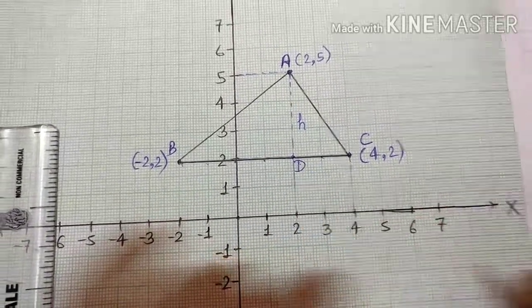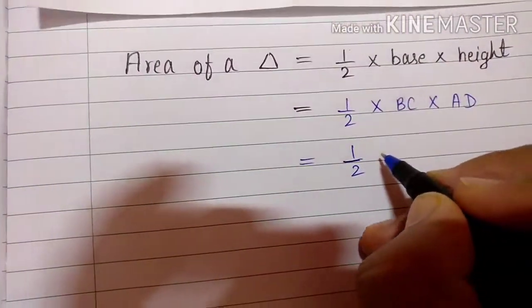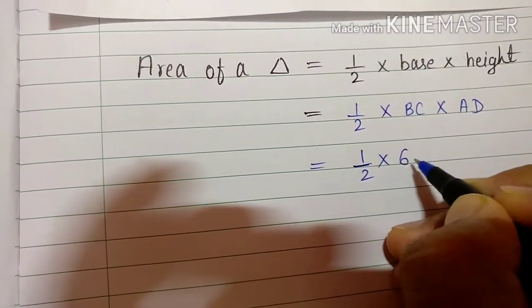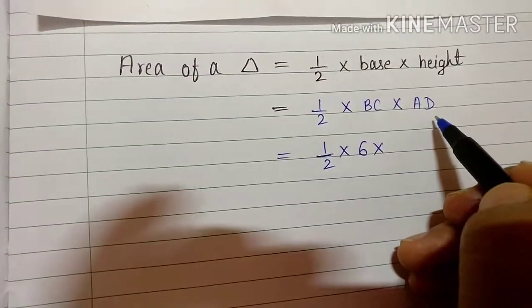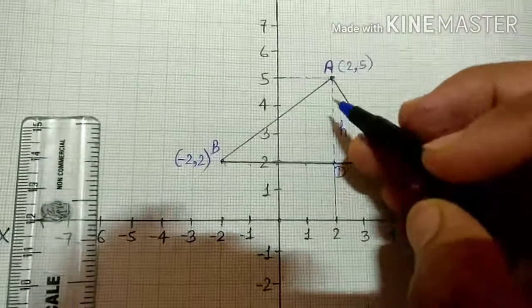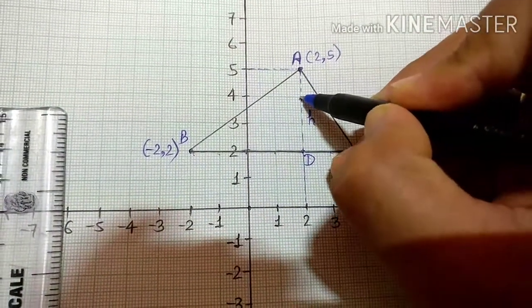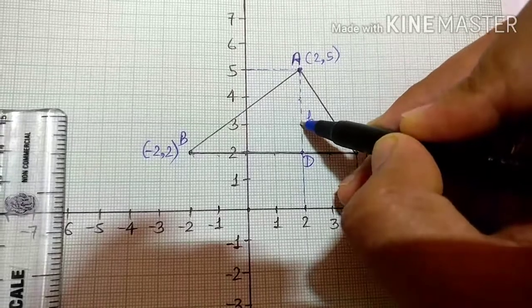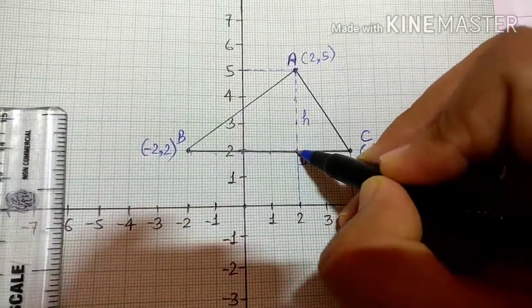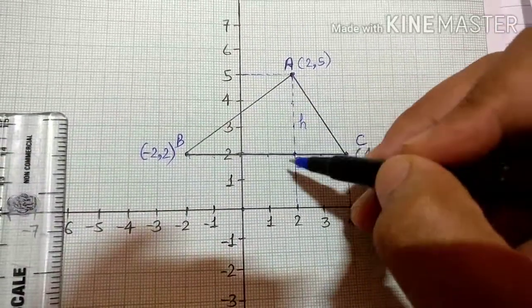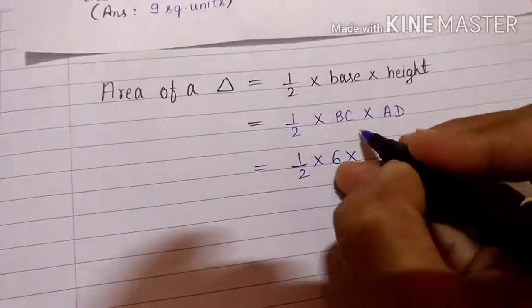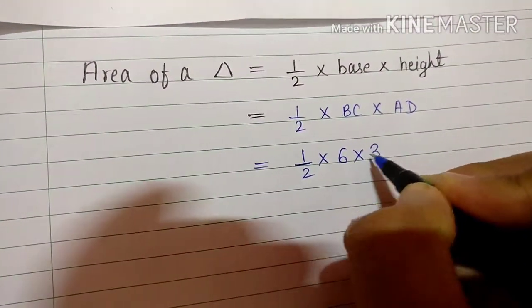So it is 6 units. So we can write BC as 6. Now it's AD. Just check how many boxes the AD line covers. 1, then 2, and then 3. So the AD line covers 3 units. So in place of AD we can write 3.